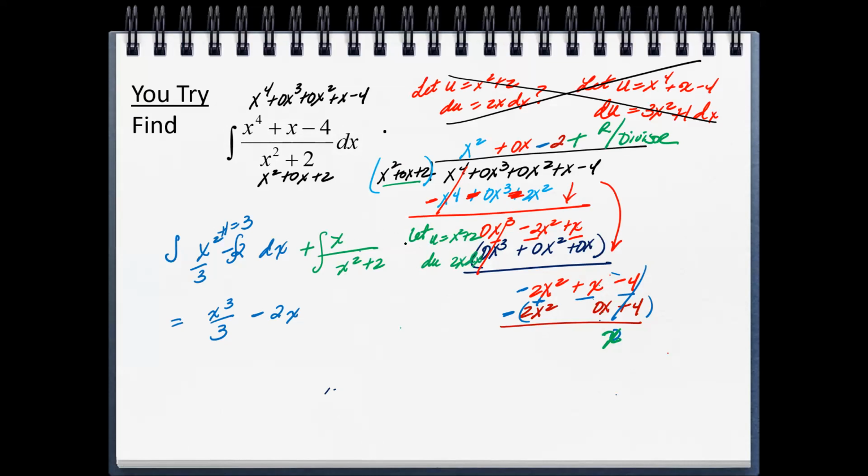And that's good because this part will cancel. So when I do the integral of this, it's going to be x over u times dx. Replace that dx with a du, so that's a 2x. So then what's going to end up happening is I'm going to cancel this with this, and I just have an integral of 1 over 2u, or one half integral of 1 over u, which is going to give me a one half ln u, replace the u with the x squared plus 2 plus c.